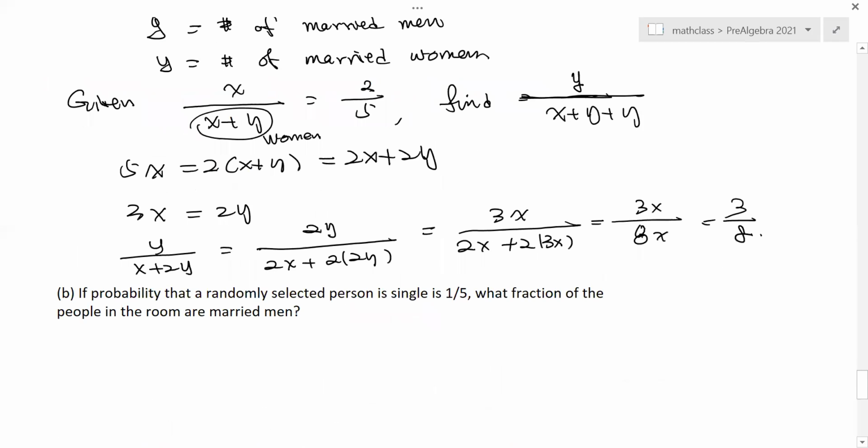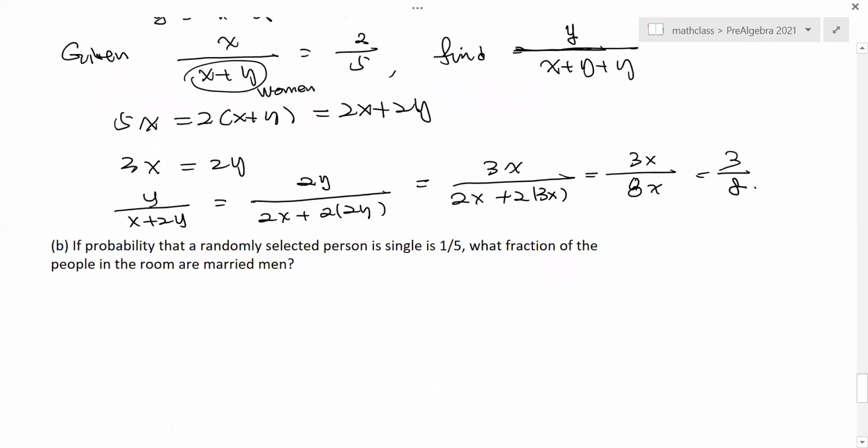Now if we change the problem a little bit: if the probability that a randomly selected person, not necessarily a woman, is single is 1/5, what fraction of people in the room are male? In that case, you are given that a person being single is still x, and the total number of people is x plus 2y, so the probability equals 1/5.